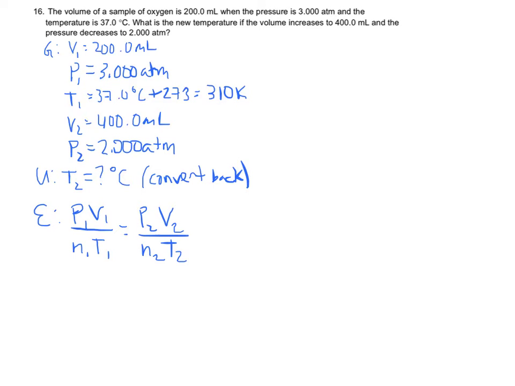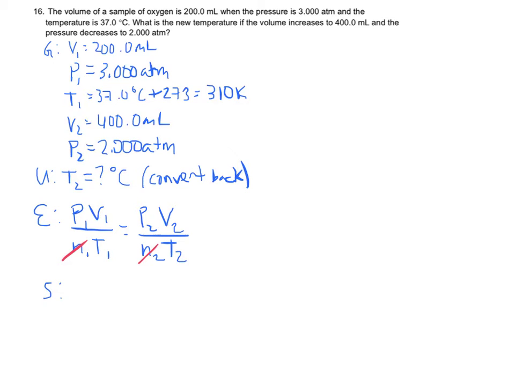When I say that we're just going to ignore the number of moles, we're saying that it doesn't matter because they're staying the same. So since they're staying the same, we can just cancel that right out of the equation and then do our substituting in. The reason you're allowed to do that is because it doesn't change. So we don't have to worry about it.